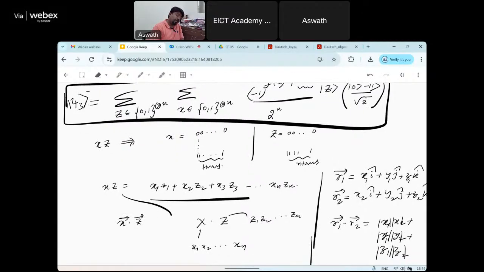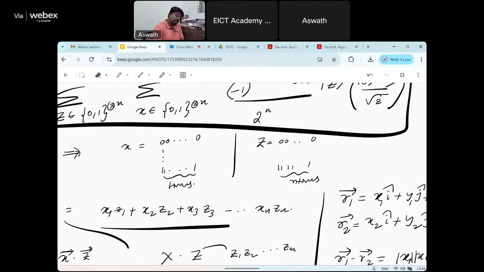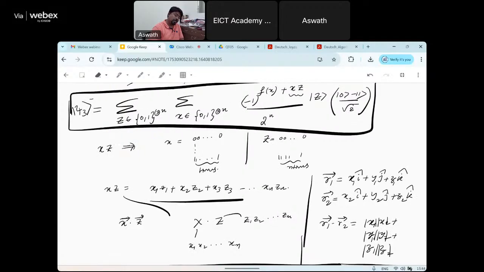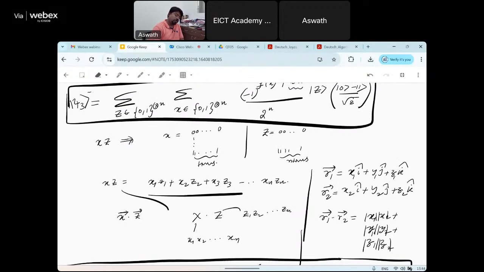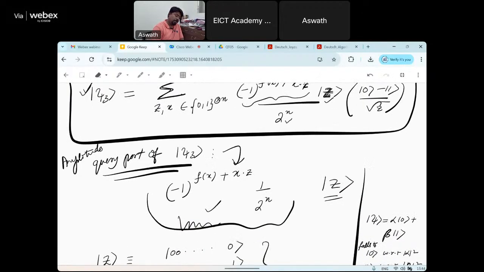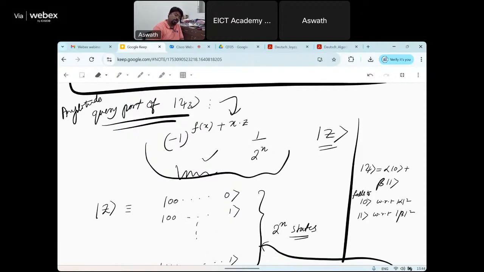So for example, when x is equal to all zeros, x dot z is not going to make any difference. So here I would take z equal to all zeros instead of taking x equal to zeros.